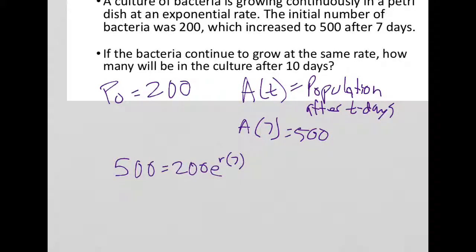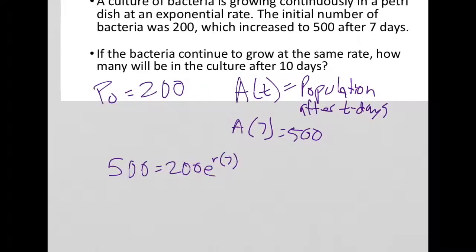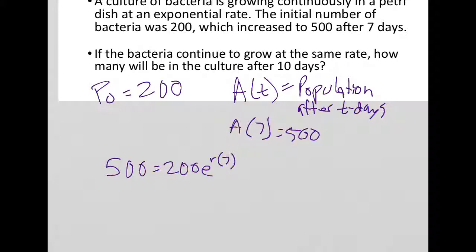And we have not yet explored algebraic ways to do this, so what I'm going to do is graph this on my calculator. I'm going to say that y1 equals 200 times e to the power of x times 7, and I'm going to say y2 equals 500, and I'm going to find the intersection point to find the value of r, aka my rate.